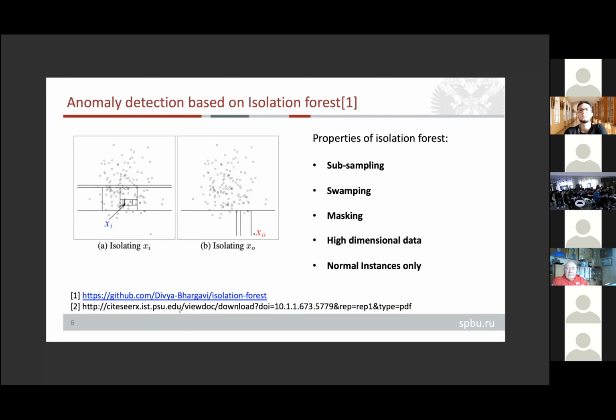So this is also one reason why we chose isolation forest, because isolation forest can handle the problem of high dimension, and even on a data set consisting of all normal instances, it is okay to train and to do some prediction. At the bottom, you can also see the references from the papers and projects.